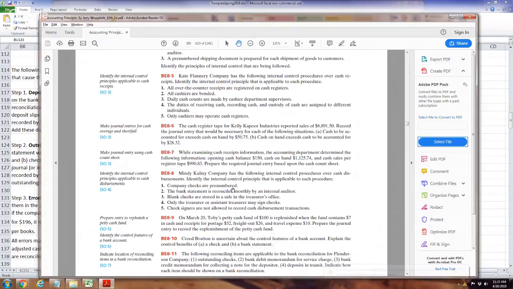The record says cash to be accounted for exceeds the cash on hand by 50, so the cash might be short, and the cash on hand is over the electronic record by $20.32. Okay, so overage and shortfall entries, and we're going to look at that.